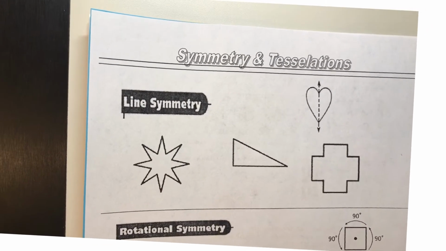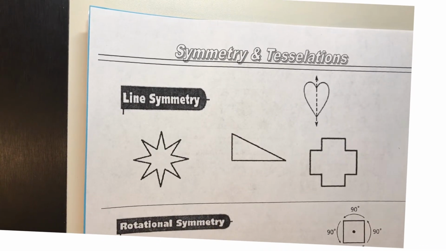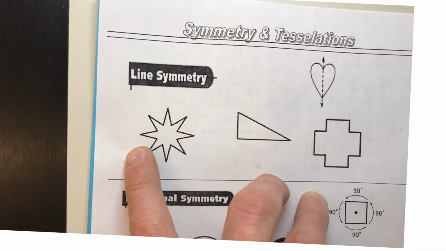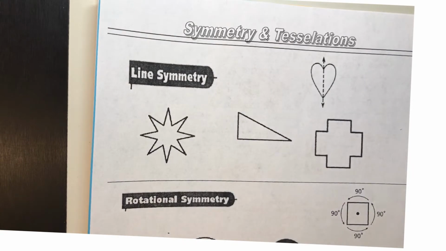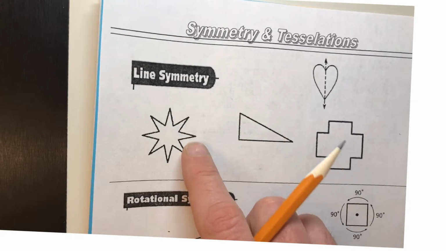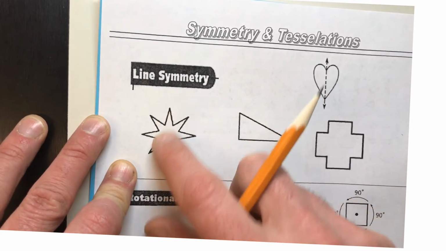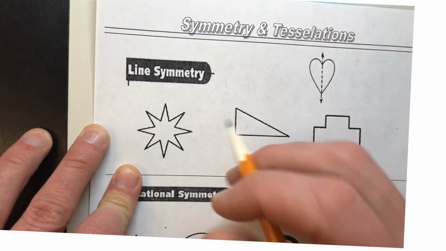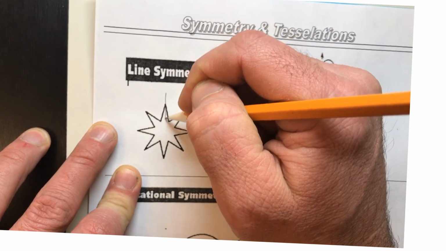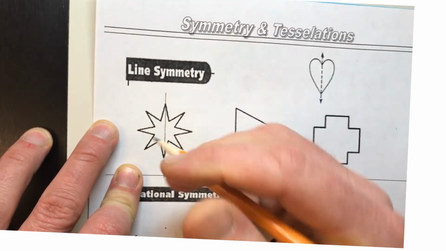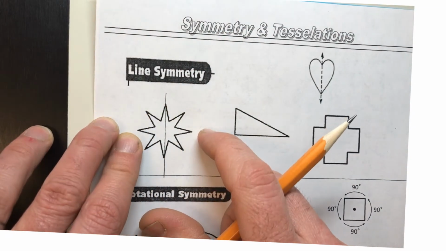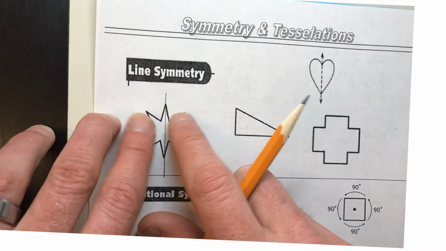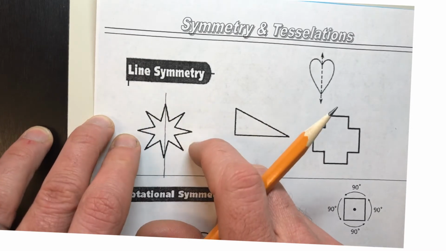Okay, so today we're going to talk about symmetry and tessellations. So this first type of symmetry is the type of symmetry that you pretty much know about. Is there a line anywhere I can draw through this star to split it exactly in half? Split it symmetrically. Where? Very top. Okay. If I went like that, would that split that symmetrically? Yes. It would make these two pieces like mirror images of each other.